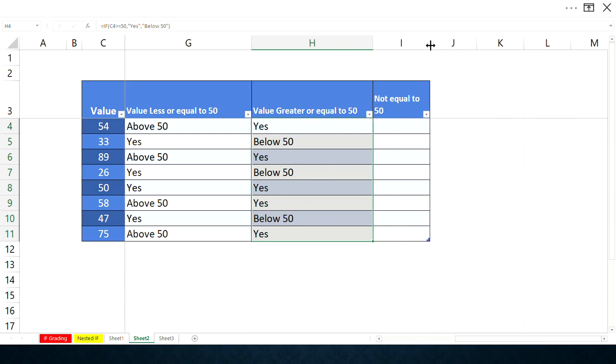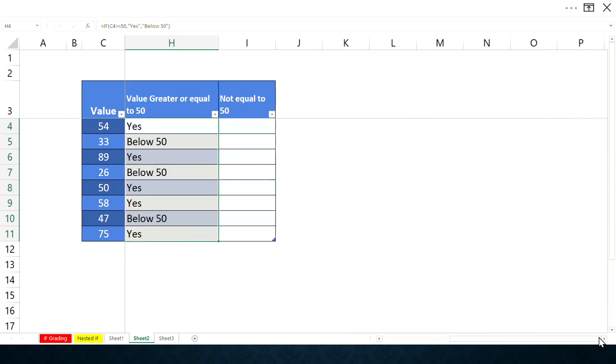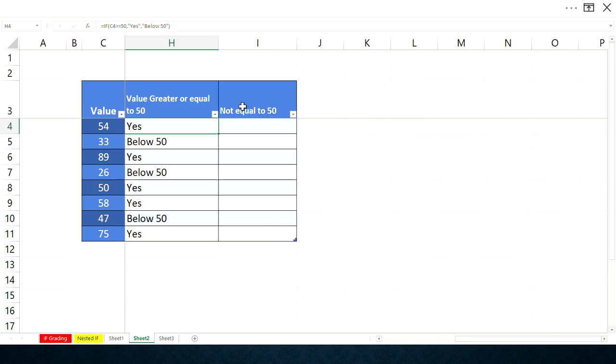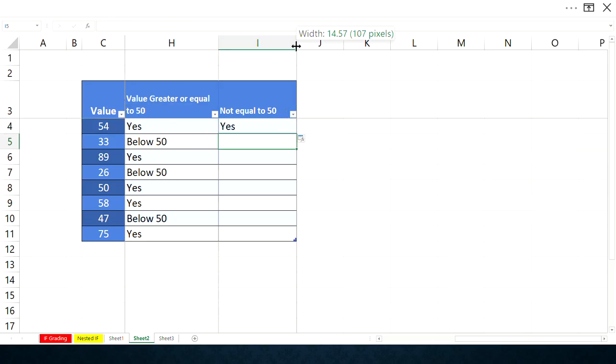Then we have a case where we are checking whether values are not equal to 50. Value not equal to 50. We are checking for values that are not equal to 50. 50 is the test value, which is being embedded in the function, and we are testing.